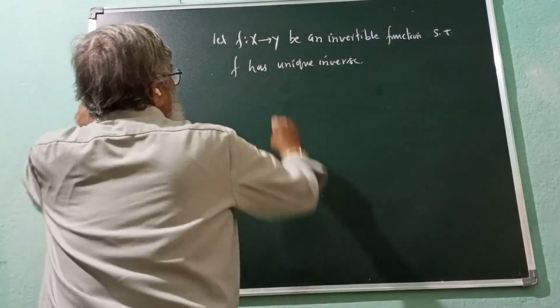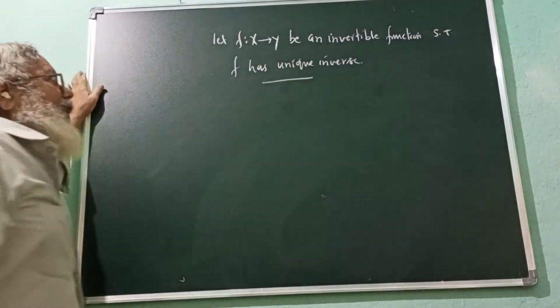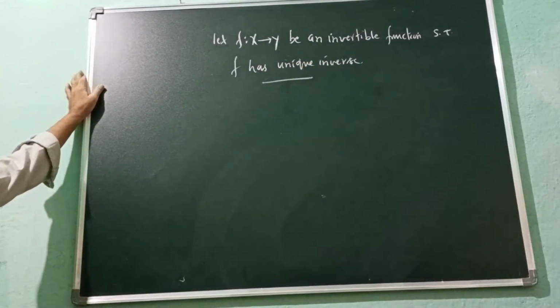Now, unique inverse means that f cannot have two inverses, three inverses like that. f has only one inverse.